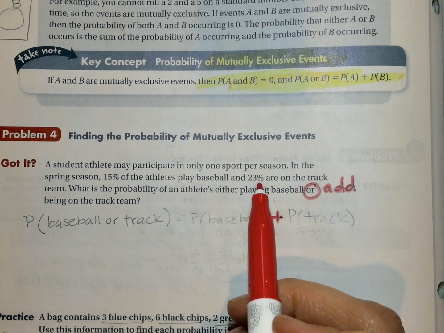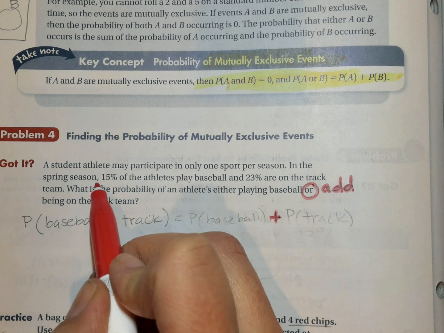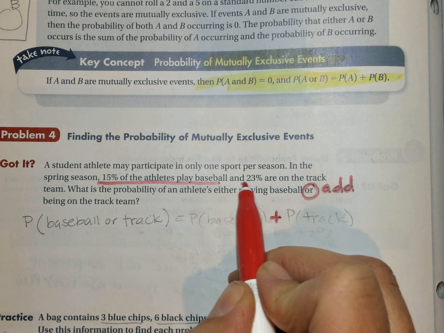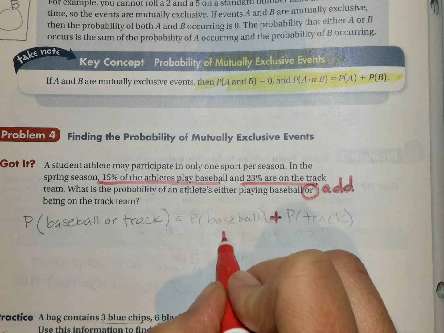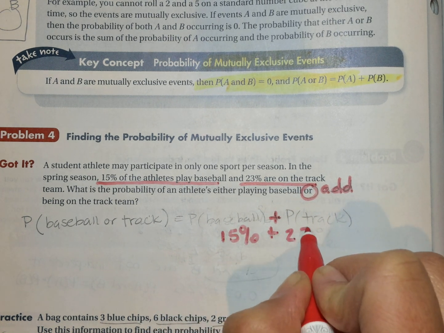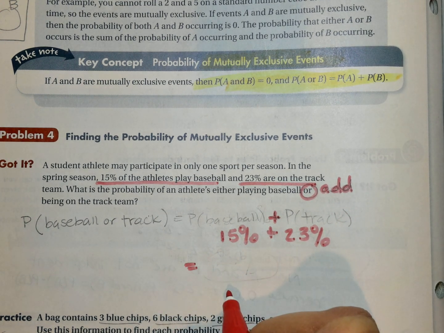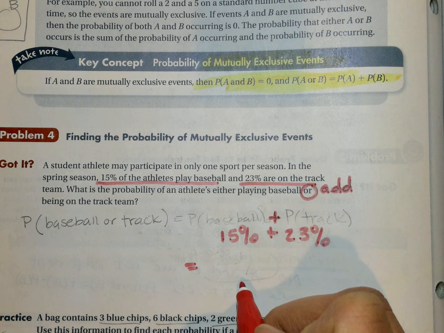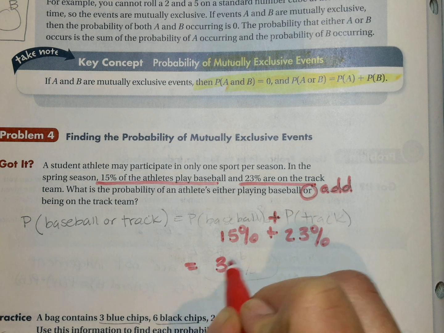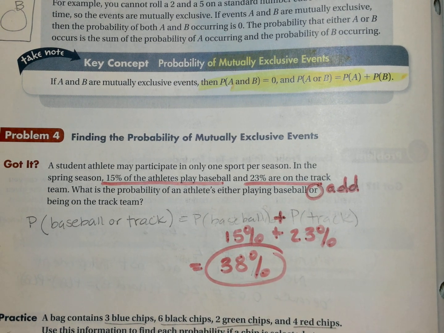If it's percentages, you can really just add them. The percentage of baseball was 15, the percentage of track was 23. So just 15% plus 23%. Add those up, and that would be 38. And that's really all you have to do.